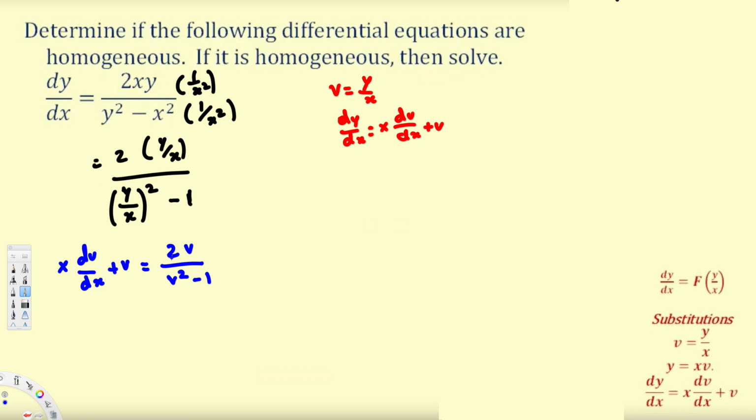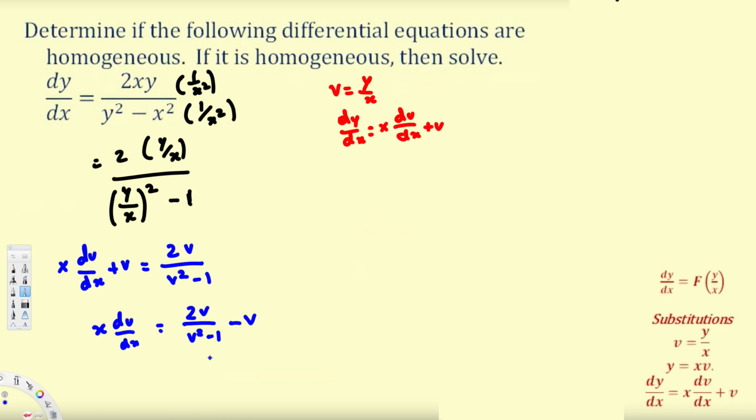Let's move this v to the other side and see what we get. So this is going to be x dv by dx is equal to 2v over v square minus 1, and if I move this v to this side, that's going to be minus v, right? And this is what we are getting.